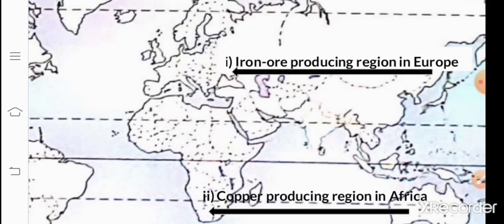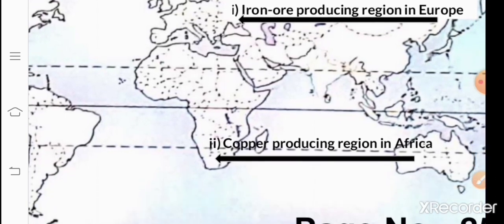Correct? And the second one that has been asked to you is copper producing region in Africa. Any region you have to mark. But whichever region you are marking, you have to write there number 2 when you are plotting this. So there I have written number 2, and above the arrow I have written copper producing region in Africa. Right.